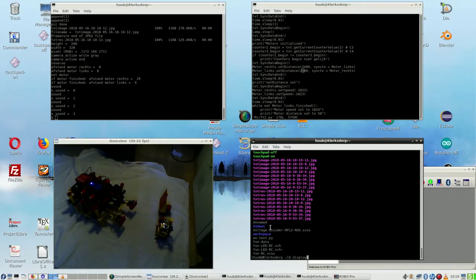Let's take again the red images, what I'm looking for. 953.34.